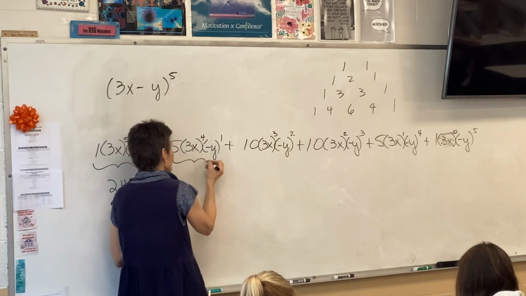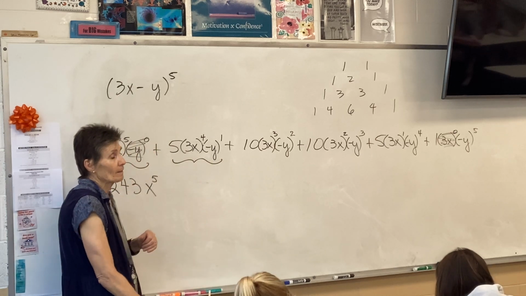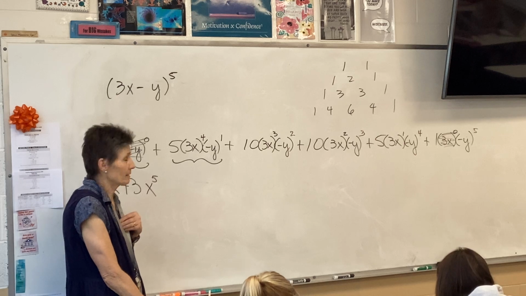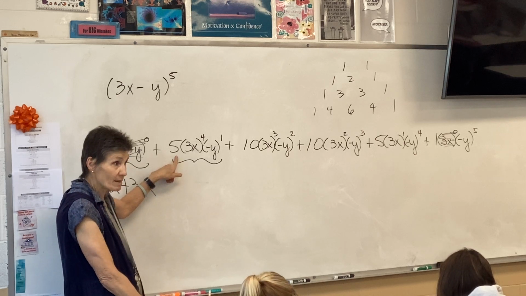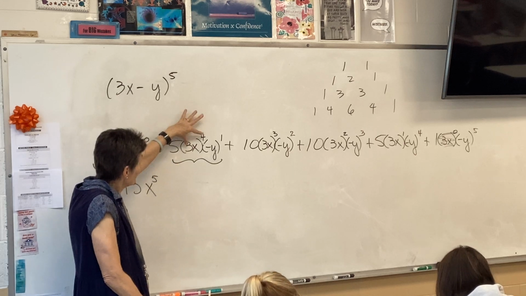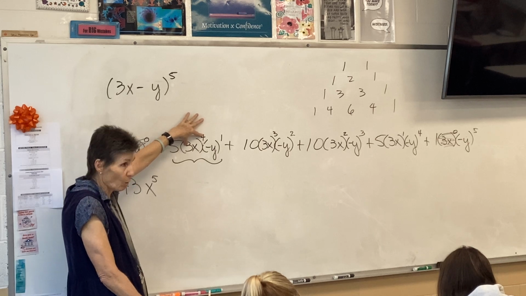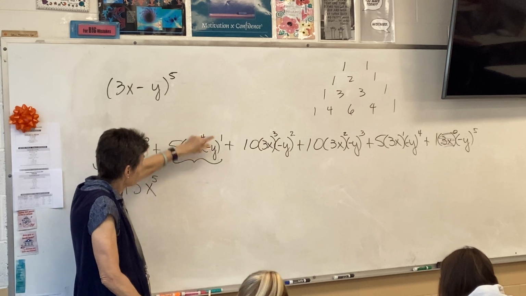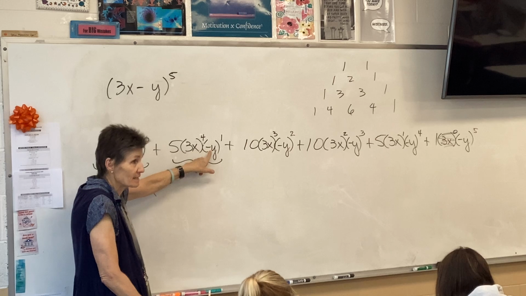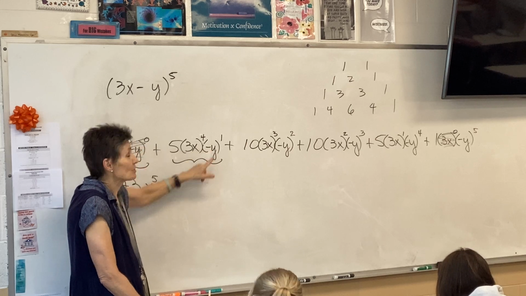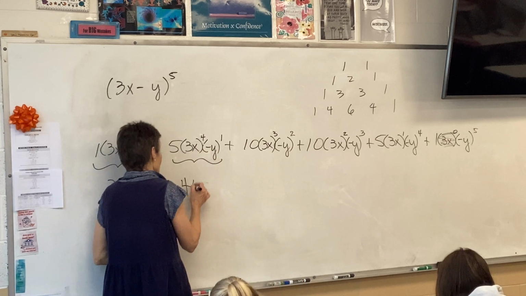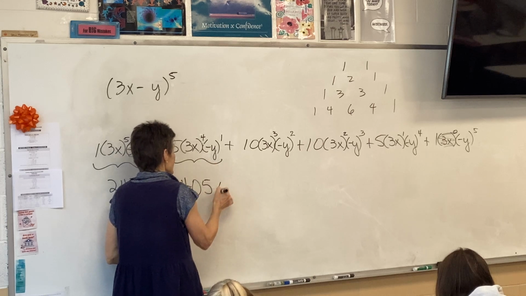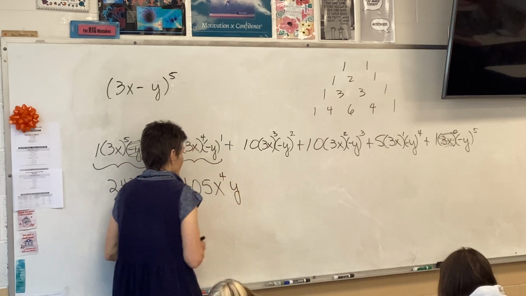Let's look carefully at this one. What am I multiplying? I'm multiplying a 5, a 3 to the 4th, and a negative 1. That's a negative right there. So negative 405. And then, of course, the x to the 4th and the y.